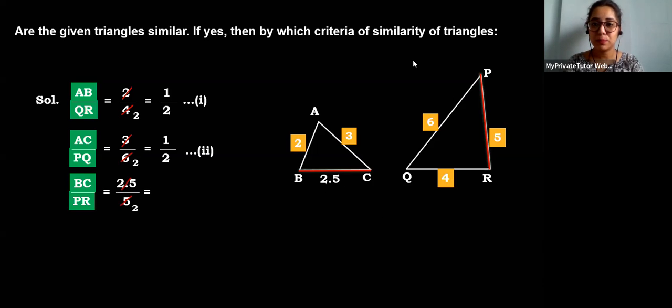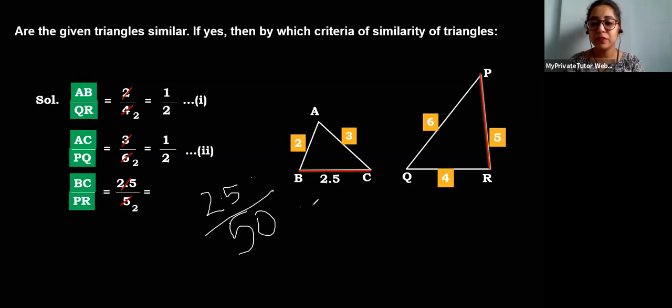I'll explain this part. If it is 2.5 over 5, and you multiply to remove the decimal of 2.5, this becomes 25 over 50.